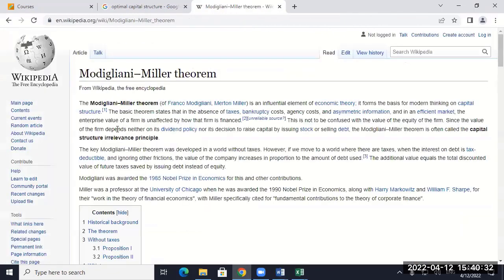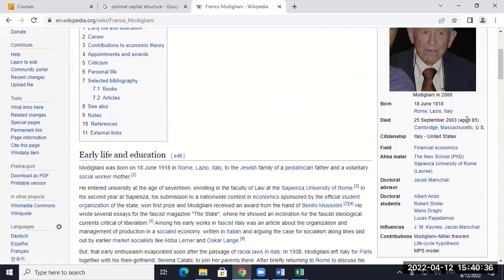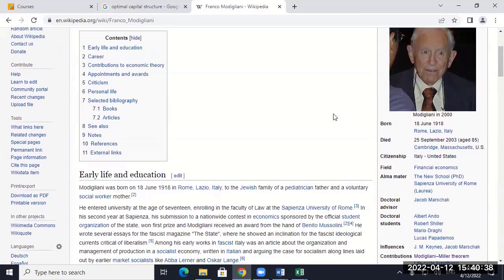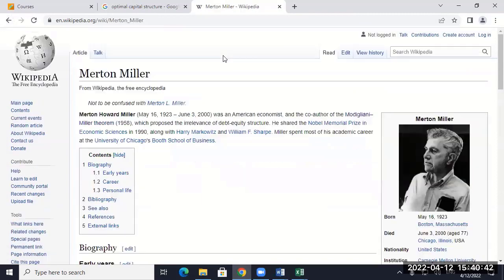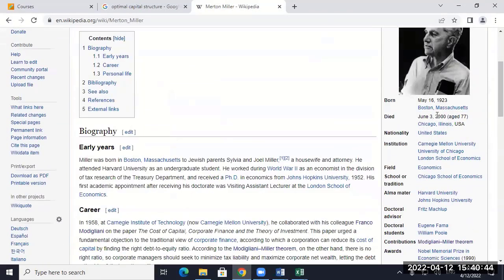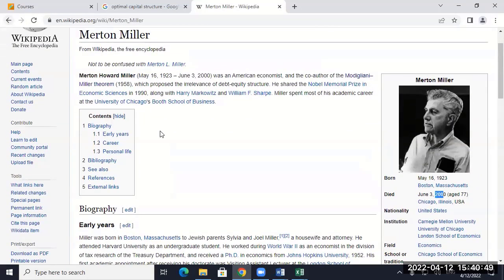I just can't spell Wikipedia. So very, very famous, Franco Modigliani. He passed away in 2003. Merton Miller, maybe the more famous one of the two. He passed away in 2000. Very, very famous. So much so that they won the Nobel Prize for it.